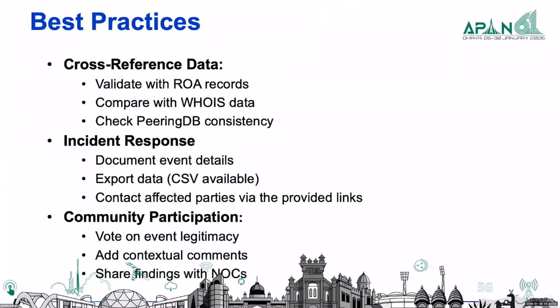And for incident response, you will have detailed documentation of that event here, and you can export your data via CSV. You can download any of your incidents from this portal. And I already shared the community participation.